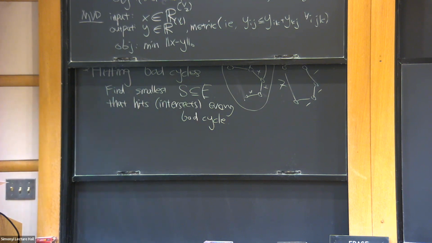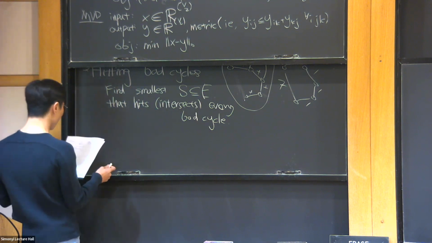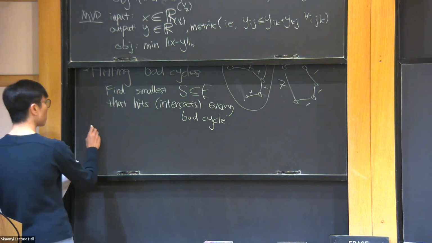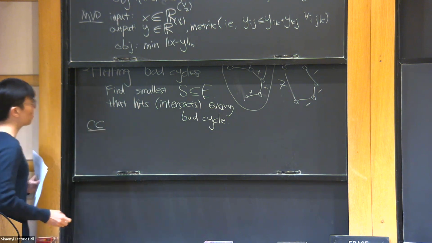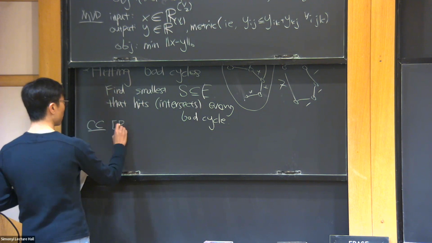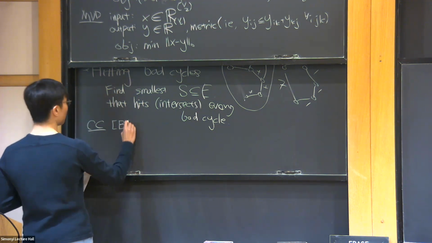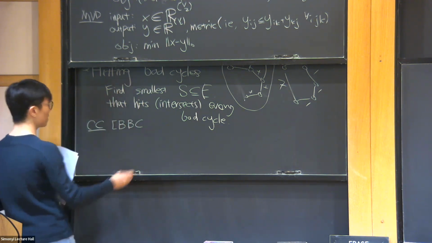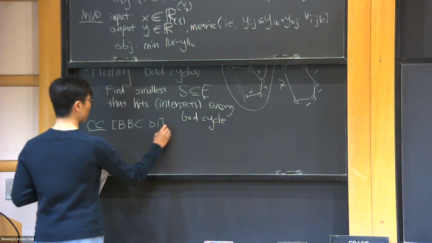This had a rich history. Not very long, but I think correlation clustering was first defined by the paper by Blum, Bansal, and Chawla, I think in 2001, 2002.